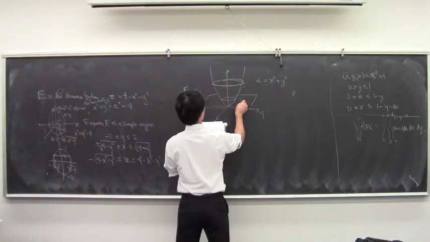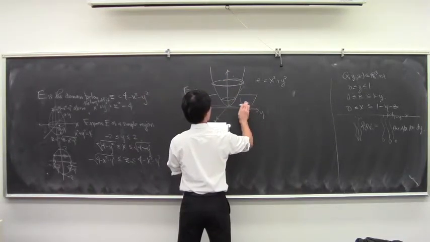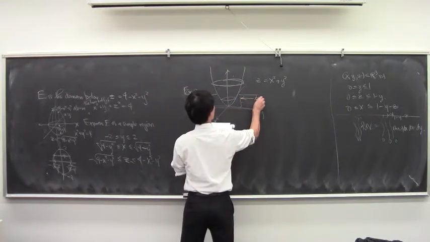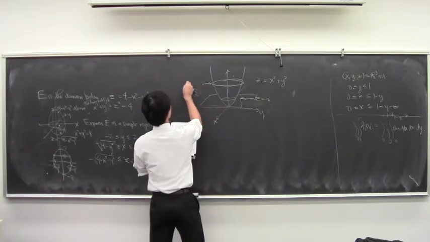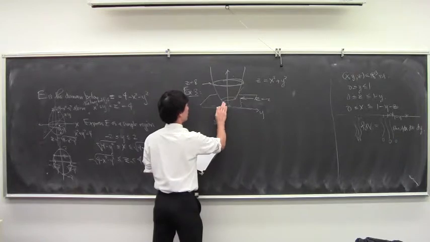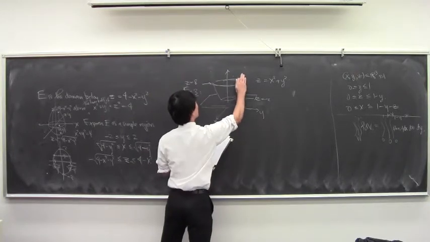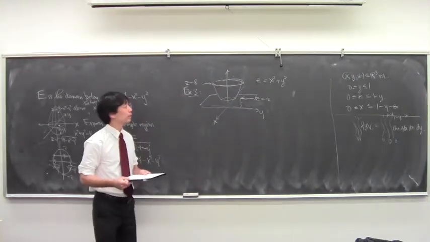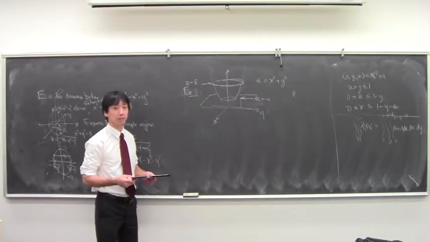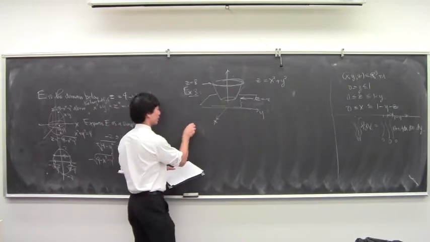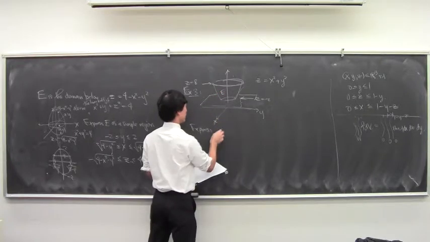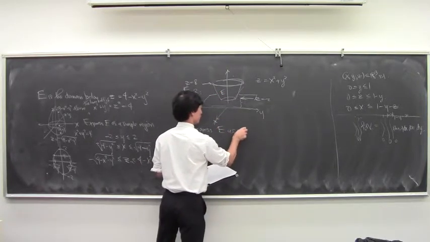The first height is z equals 2, and the other height is z equals 8. So you chop that off, you end up with just this piece here. I'd like you to express this as a simple region. Let's call this E again, E as a simple region.